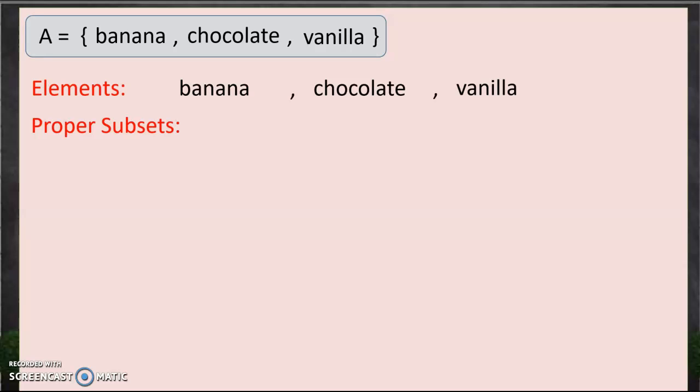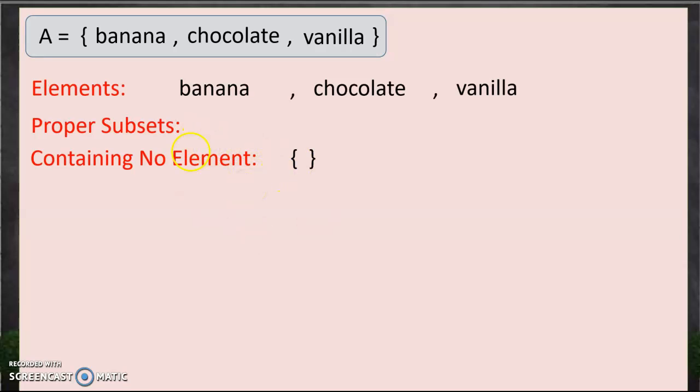When we say proper, it is a lesser number of elements. So a proper subset containing no element, the empty set. So the empty set is a proper subset of set A, or we can also say that the empty set is a proper subset of all sets.